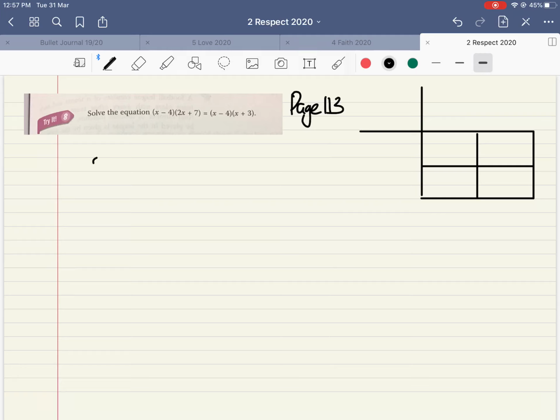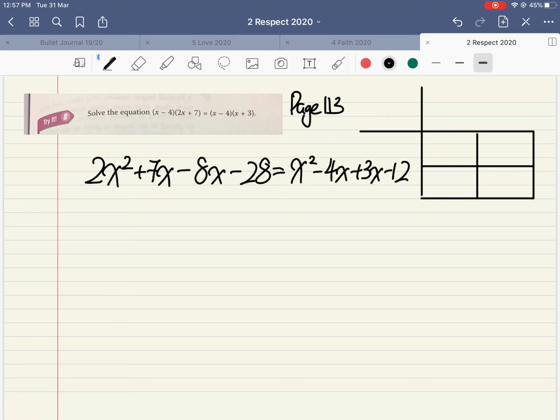Starting my expansion, I'll get 2x squared plus 7x minus 8x minus 28 equals x squared minus 4x plus 3x minus 12. Then, if I simplify both sides, I get 2x squared minus x minus 28 equals x squared minus x minus 12.